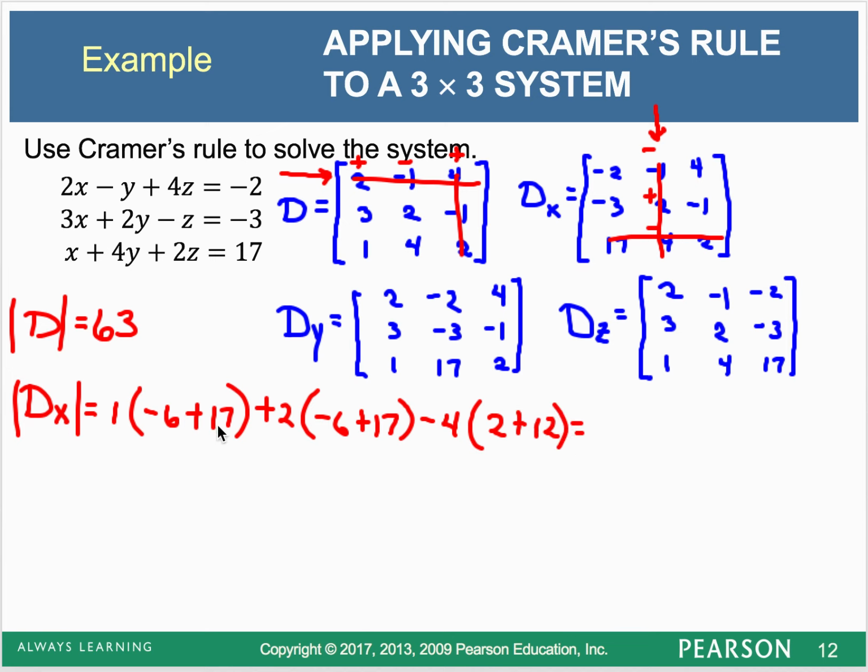So 17 minus 6 is 11 times 1 is 11. 17 minus 6 is 11 times 2 is 22. And then 14 times negative 4 is negative 56. Let me double check my math. Yeah, negative 56. So then we have 33 minus 56. So negative 23.